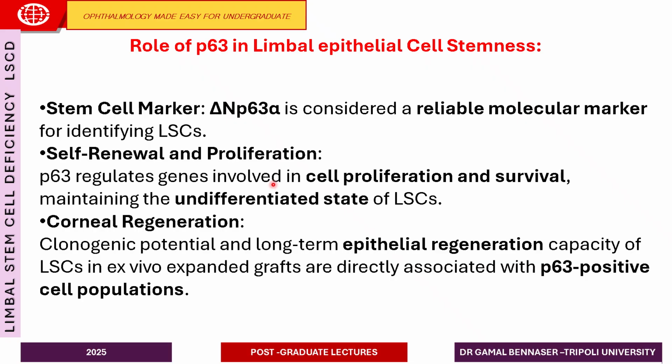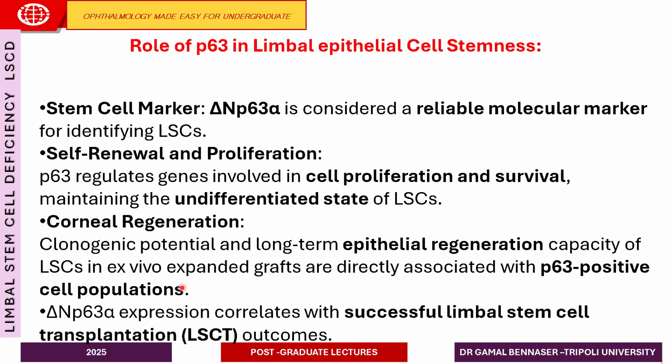In many studies, they found that the presence of more than 3% of P63 in the limbal epithelial graft is a very predictive marker for successful limbal stem cell transplantation. And if you find more than 5 or 10%, it means that your graft is very, very successful.